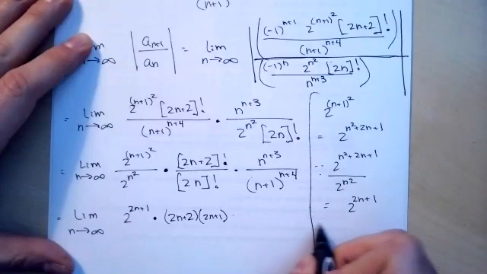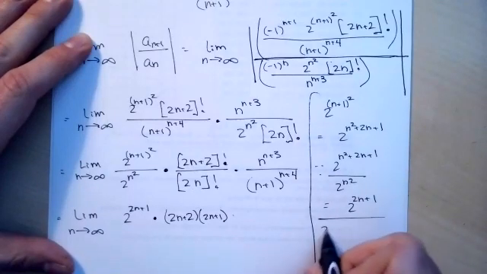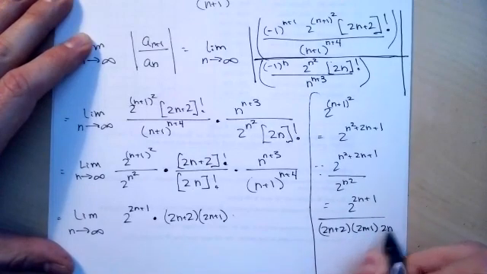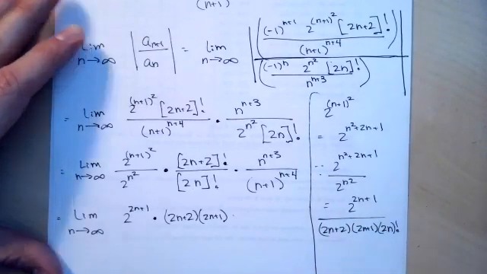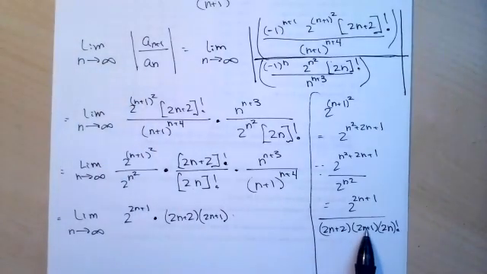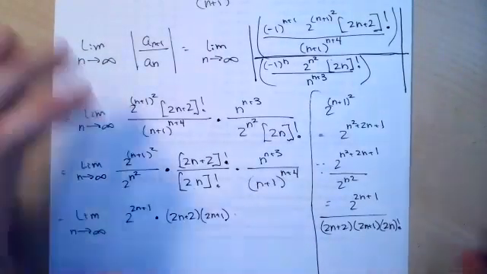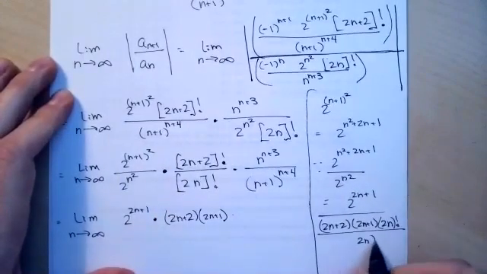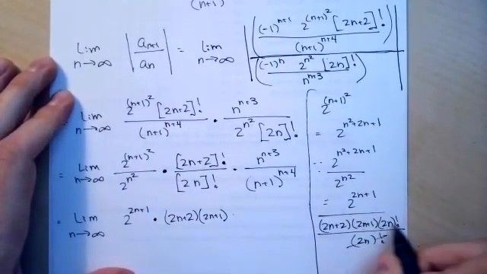So again, our scratch work. So 2n plus 2, 2n plus 1 times 2n factorial is that numerator, of course, divided by 2n factorial.